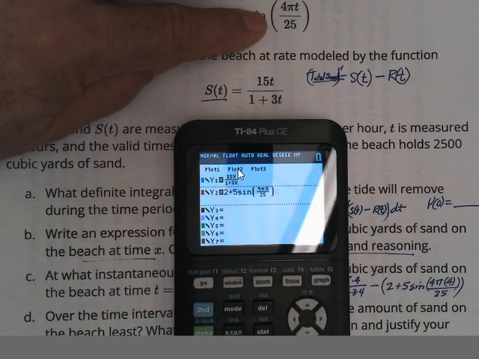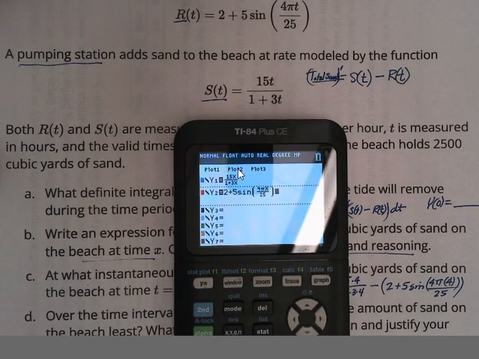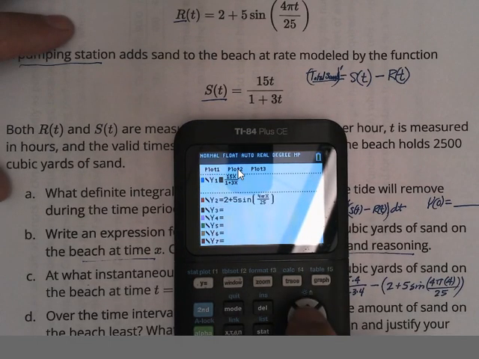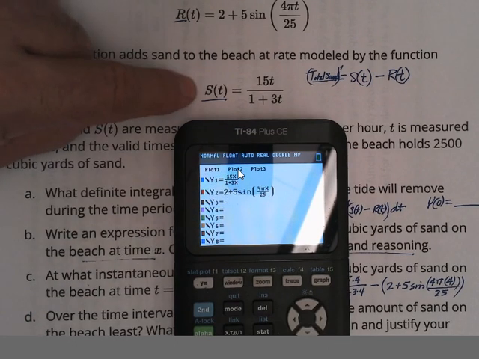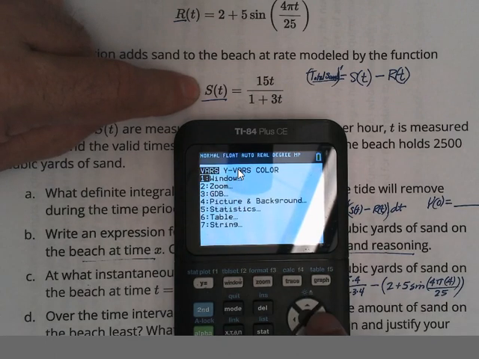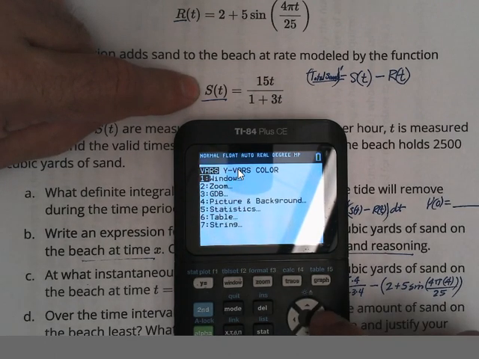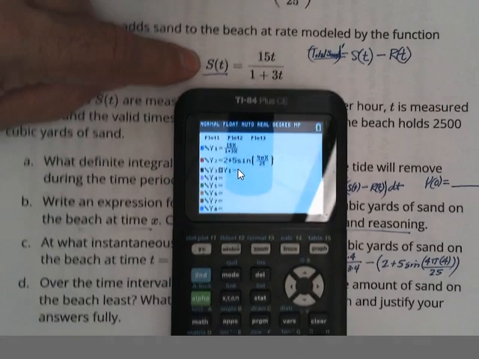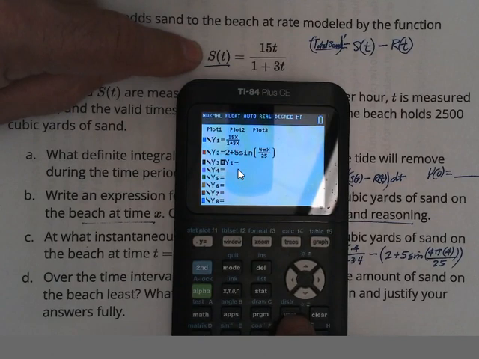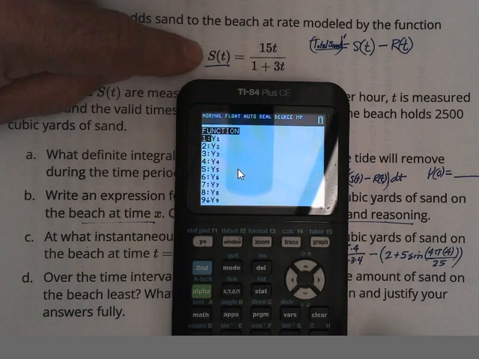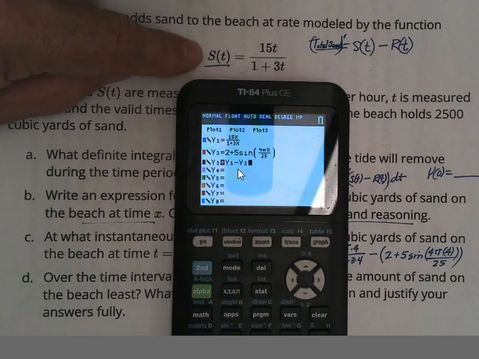And there's y2. And I could graph those, but I don't want to. So I'm going back here and press enter, and go up there and press enter. What I want to graph is the sand being added minus the sand removed, which is y1 minus, vars, y variables, function y2, and that's what I want to graph.